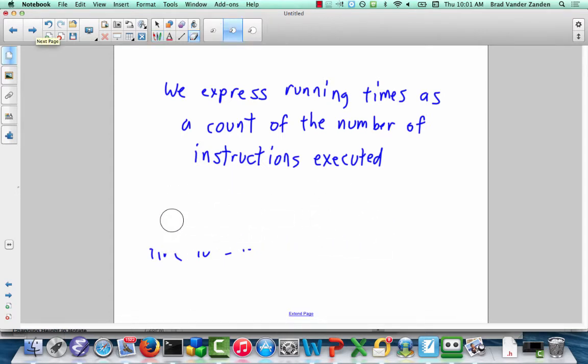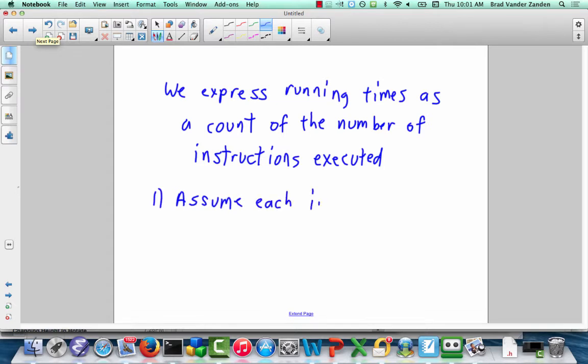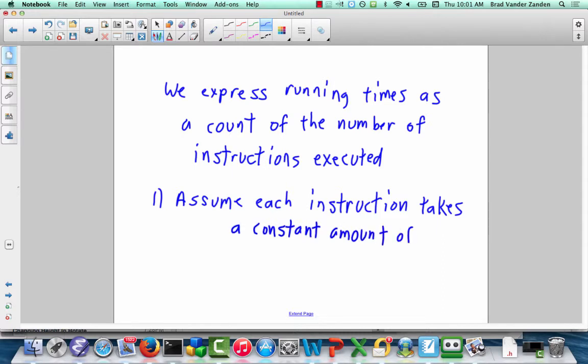So our assumptions, very important. We will assume that each instruction takes a constant amount of time, and we'll assume that all instructions take the same amount of time, even though we know that's not true.